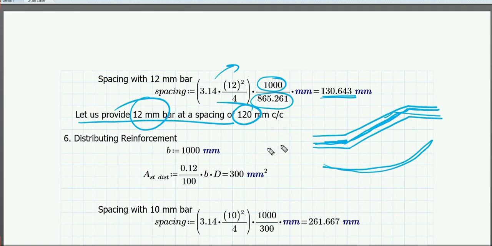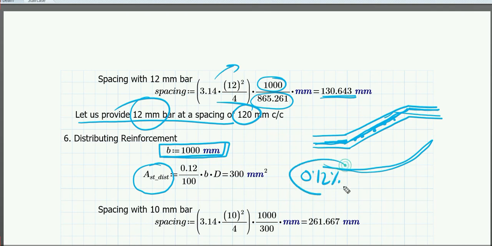Then we also need to find out what the distribution bar is. About the distribution reinforcement, suppose B is assumed to be again 1000 mm, and you know that the minimum area of reinforcement to be provided is basically 0.12%. So what is this value?